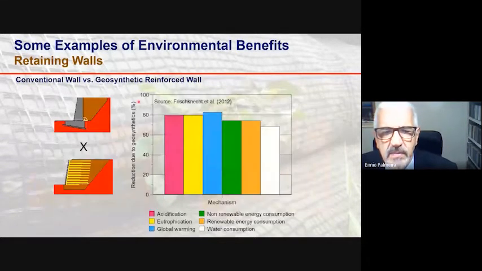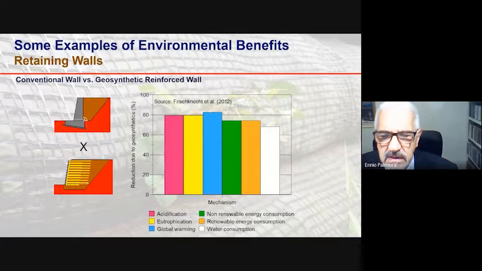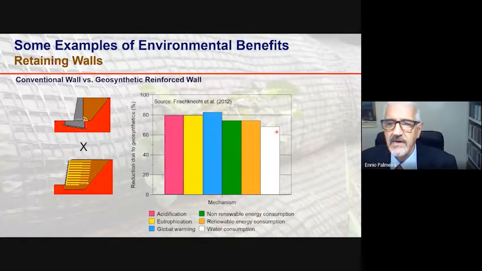So again, this type of comparison in terms of reduction of the environmental impacts with the use of the geosynthetic solution, in this case, you can see a significant reduction in most of these parameters. For instance, approximately 81% reduction in the emission of gases that contribute to global warming, and also approximately 70 to 75% reduction in the consumption of non-renewable energy and renewable energy, and also a significant reduction in the consumption of water.